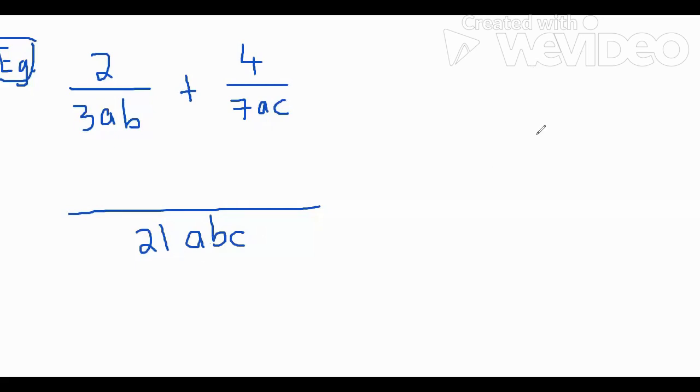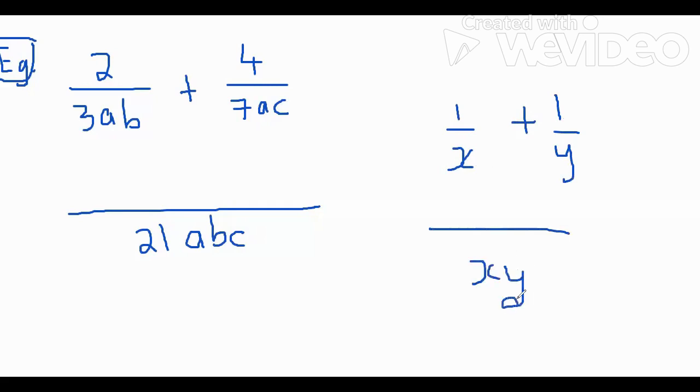If you have 1 over X plus 1 over Y, the LCM is XY. Suppose you have 1 over XY plus 1 over YZ. The LCM is just XYZ. Everybody see that?